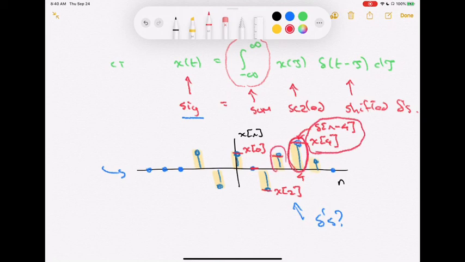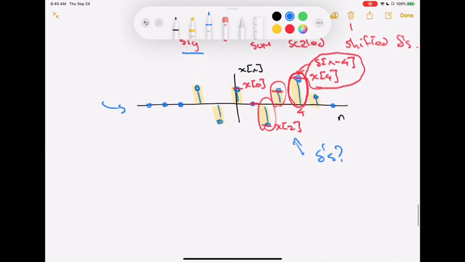And then if I do that for every single one of them and sum them all up, I get the overall response. So the sifting property for discrete time is almost self-evident. It is not a mystery. It's nothing that you can't visualize. It is completely obvious when you draw out a discrete time signal.